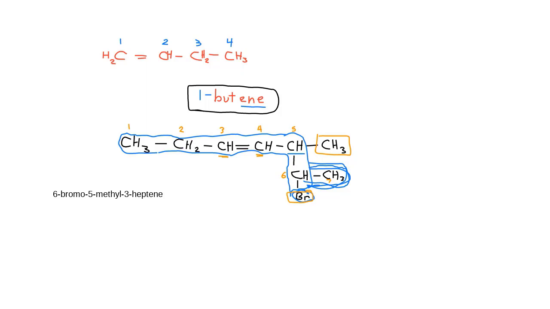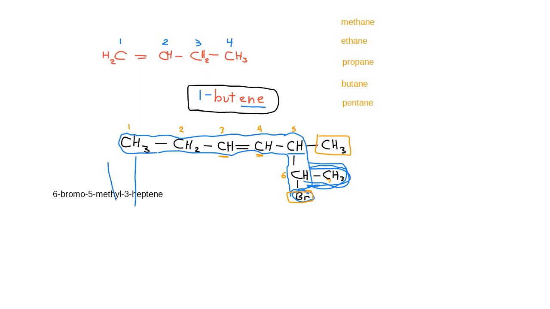But the root names of all the compounds, the base 10 that you really need to know are: methane, that would be a 1-carbon alkane. Ethane, that would be a 2-carbon alkane. Propane would be 3. Butane is 4. Pentane is 5. Hexane is 6.